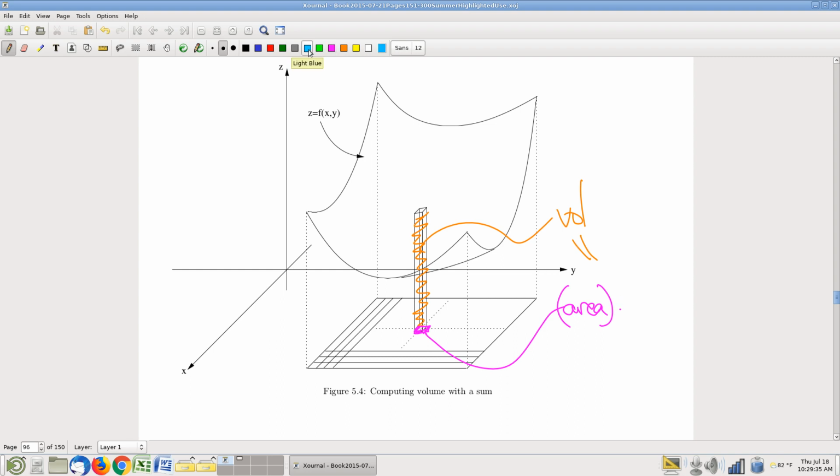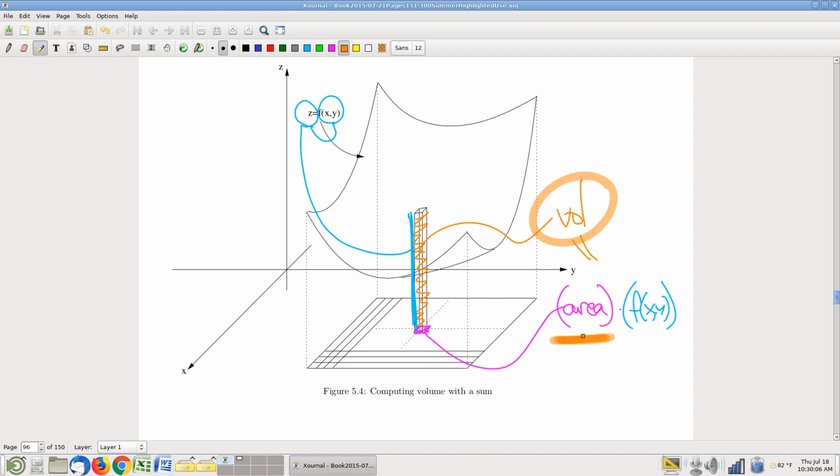Well, I need to multiply by height. Geometry appeal: volume is equal to base times height. That height is z, and we're looking at the graph of f, so that means that z is f. And so sure enough, as required, this volume is a product of the size of the piece, namely area, times the value of some function, namely the function whose graph I'm looking at.